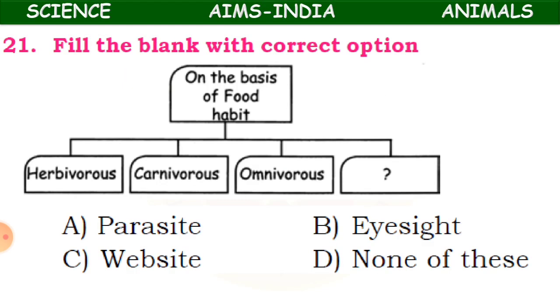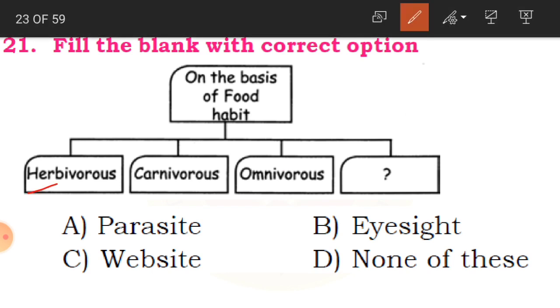Next question. Fill in the blank with the correct option. On the basis of food habit, we have divided the animals into different categories. If you see here, we have herbivores, carnivores, omnivores and the other one. What is that? We have to name it.